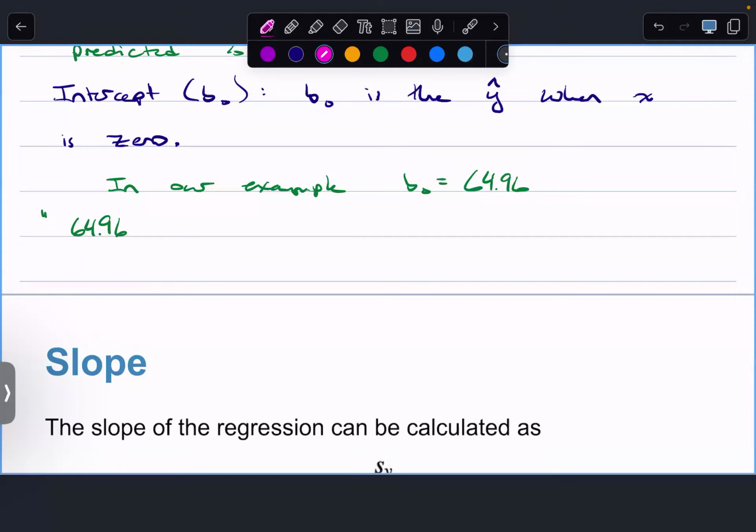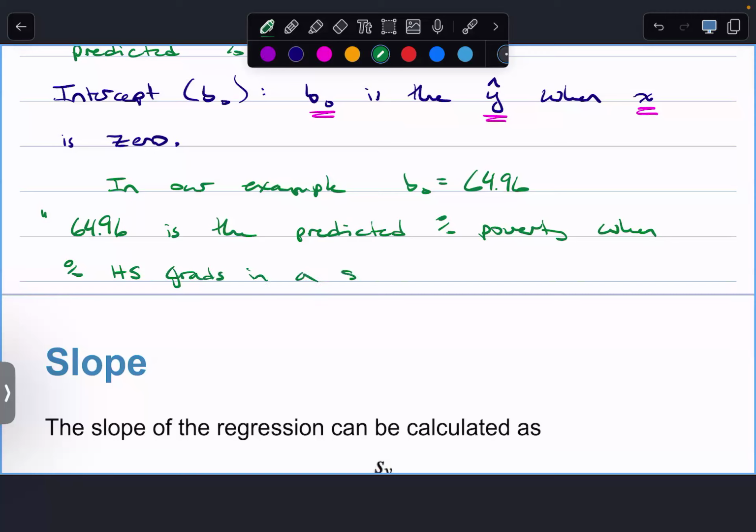Because of course I need to replace the B0, Y hat, and what X is: the predicted percent poverty when the percentage of high school grads in a state is 0. Okay.